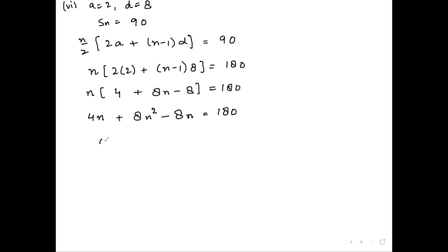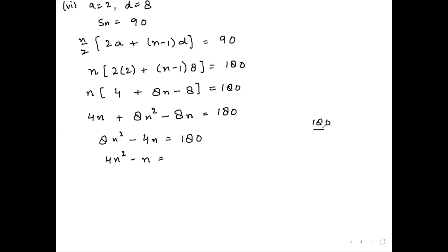So that means 8n square minus 4n is equal to 180. Am I correct? Yes. Now take 4 common, so just divide both sides by 4. So I'll be left with 2n square minus n is equal to 180 divided by 4. Is it divisible? Yes.